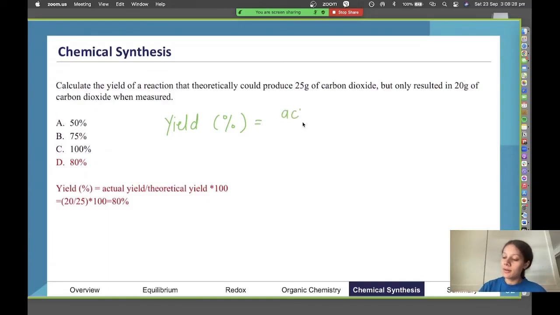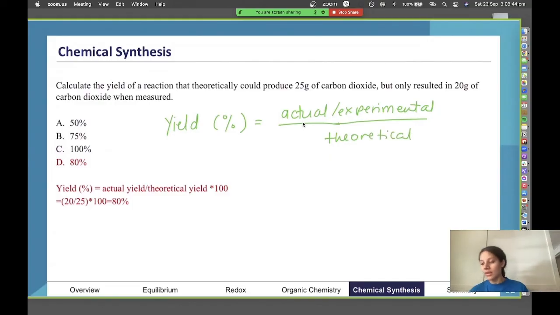So we have actual, or we can call this our experimental, is another way we can phrase it, over our theoretical. And then we're going to multiply it by 100 to give us our value in a percent.